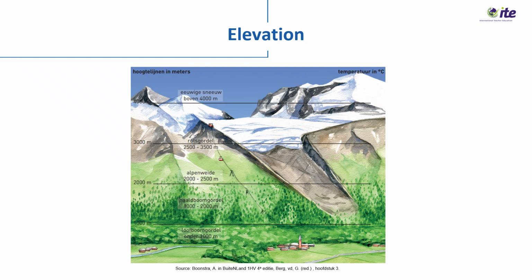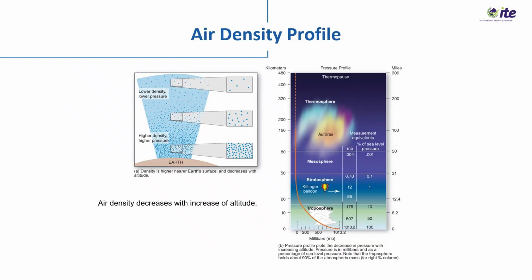The average temperature drops 6.4 degrees with every 1,000 meters you increase your altitude. In the weather and climate lessons of the physical geography course, you will learn that this is not always the case, but for now, the average temperature decrease is 6.4 degrees for every 1,000 meters.